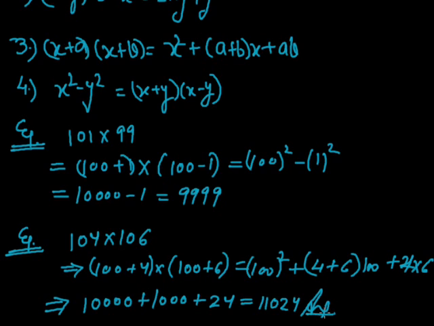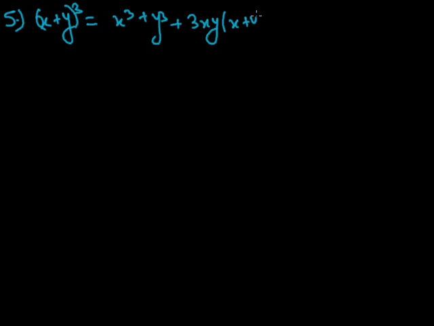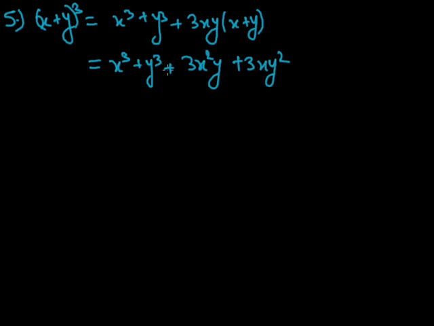That is our answer. In this way we can solve the sums and save our time if we are using identities. There are many other applications of these identities. Now the fifth identity is for (x plus y) whole cube. The (x plus y) whole cube is given by x cube plus y cube plus 3xy (x plus y), or by further solving it you can write it as x cube plus y cube plus 3x square y plus 3xy square.